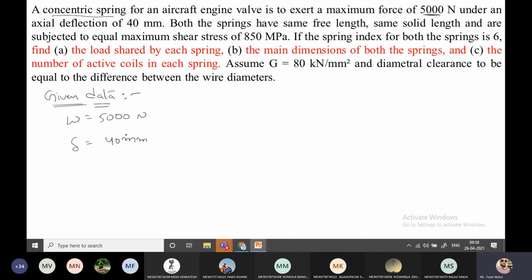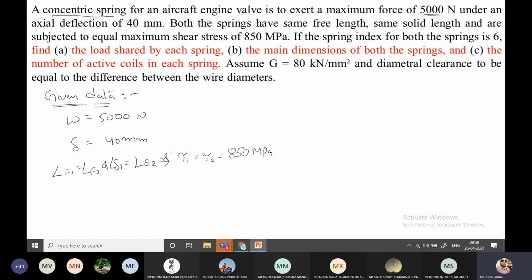Both springs have the same free length, same solid length, and are subjected to equal shear stress. Free length is the same, solid length is the same, and shear stress is the same, 850 megapascal.